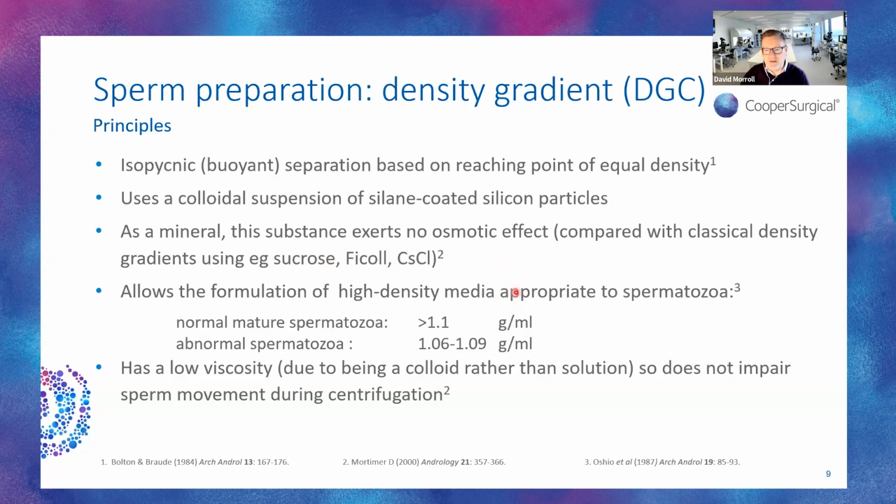But what it does is it allows us to pick out the most dense sperm, and because of the loss of cytoplasm, the most mature and most motile sperm tend to be the most dense. So we collect them at the bottom of the tube. So that's the guiding principle of all of the density gradients. It's worth noting as well that again, because they're a colloid, these are not viscous samples. They're dense, but they're not viscous because it's a colloidal suspension, not a solution.